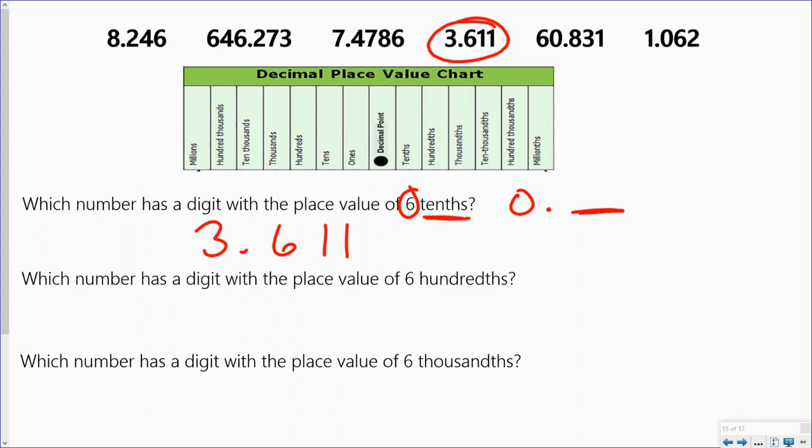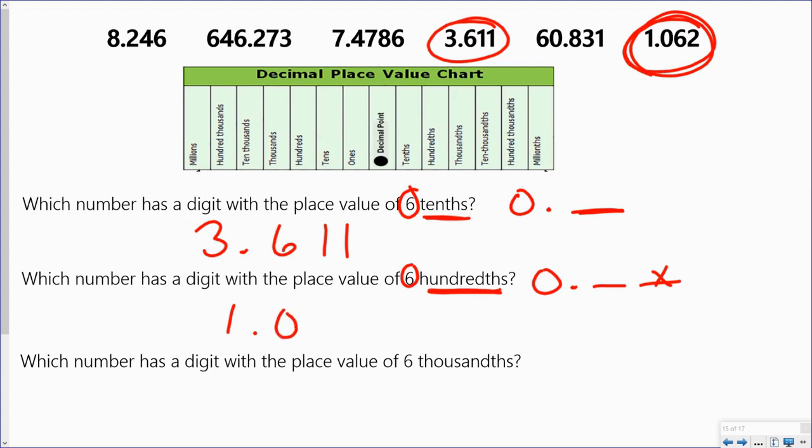And then here it says which number has a digit with the place value of 6 hundredths. And again, my hundredths are 2 spots after the decimal. So when I do that, I'm looking at this number right here, which would be 1.06 in the hundredth spot, and then my 2.